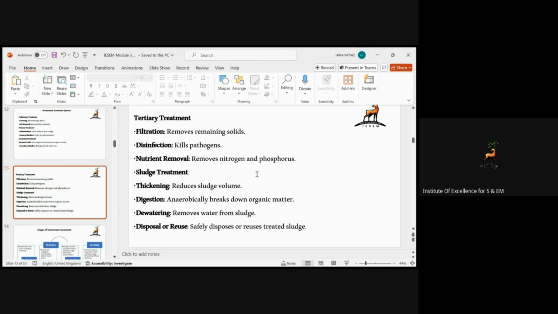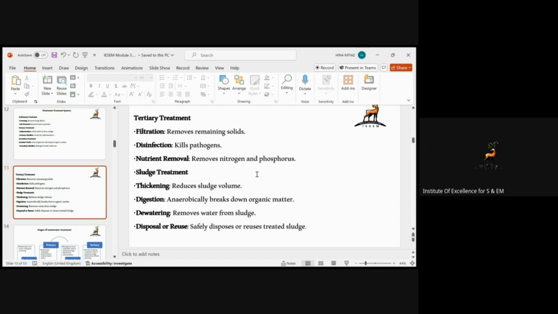Tertiary treatment is successful in removing 20 to 40% of the toxic material which is present in that particular wastewater. The tertiary treatment involves the use of various tools, for example, ultraviolet lights, filtration membranes, and other forms of disinfectants.